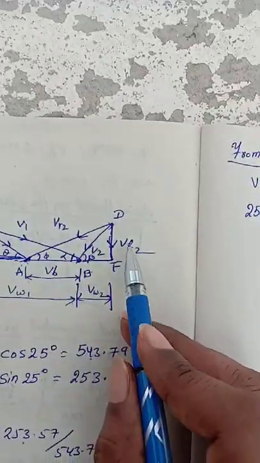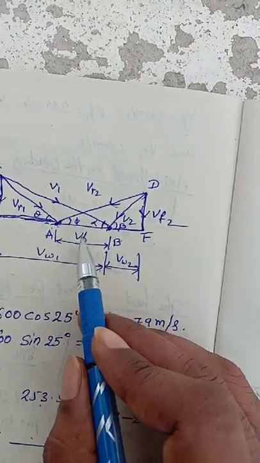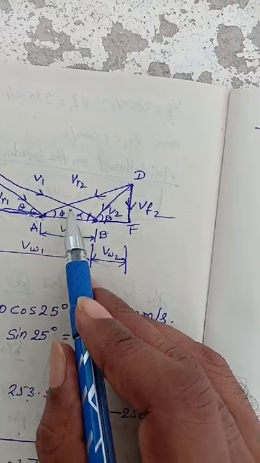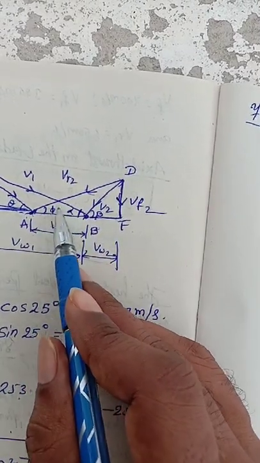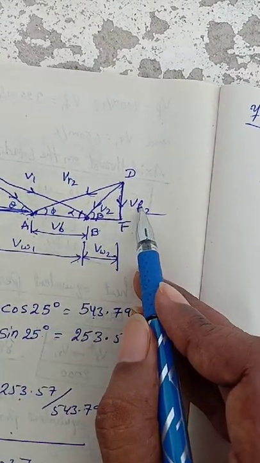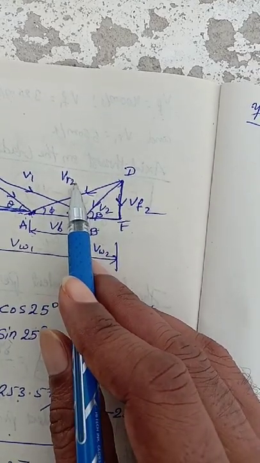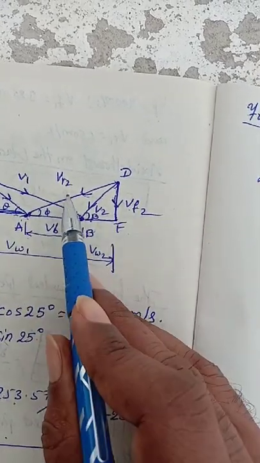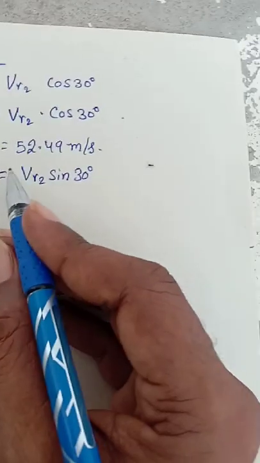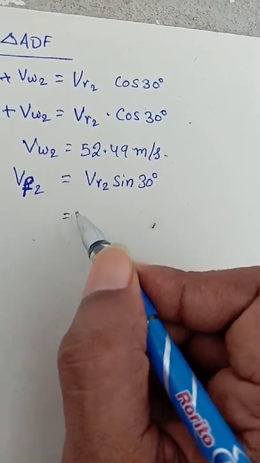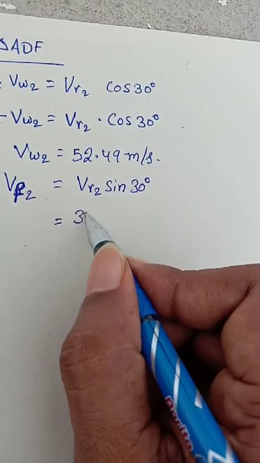Sine phi is equal to VF2 divided by VR2, and then VF2 is equal to VR2 into sine phi. So you can substitute these values.